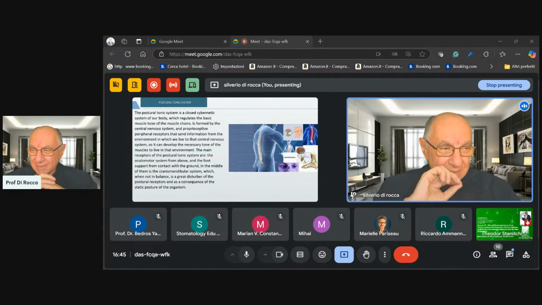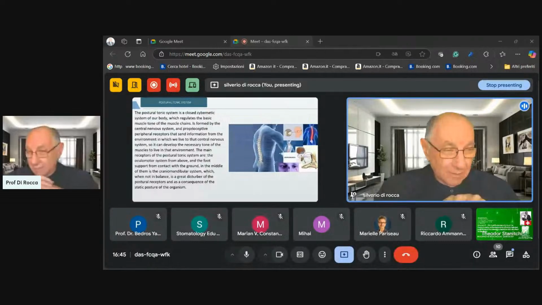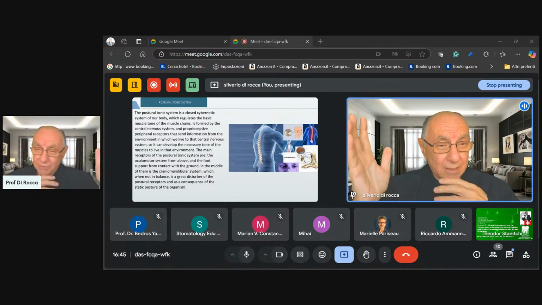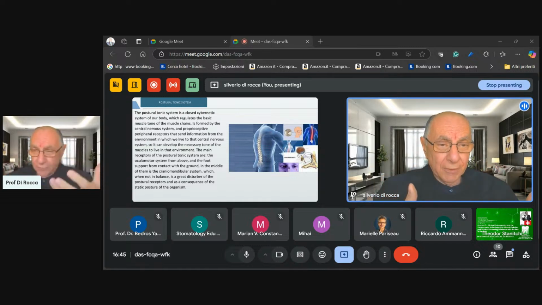How do we need the best for the muscles? The main director of the skeleton is the central nervous system, which has peripheral receptors that send information to the central nervous system. It elaborates the situation of the environment and creates a muscle tone of the body.